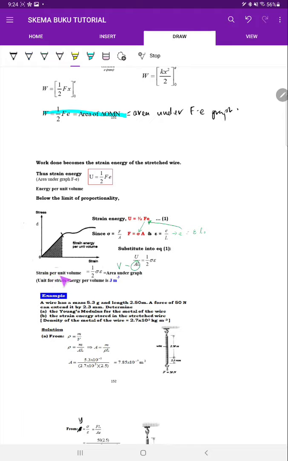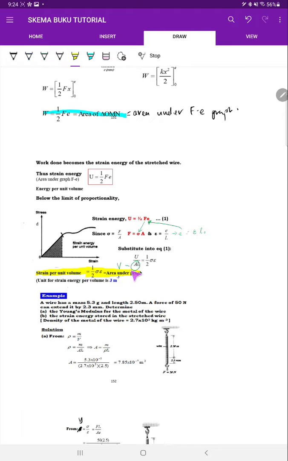Okay, strain energy per unit volume sama juga dengan half stress darab dengan strain, ataupun area under graph. Unit dia sama dengan joule sebab strain energy per unit volume.